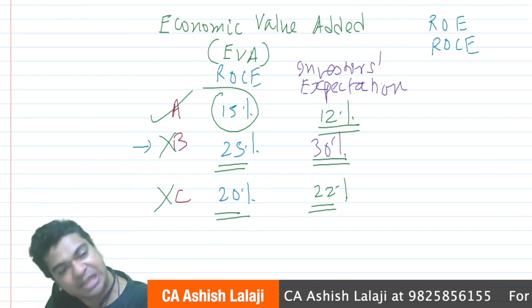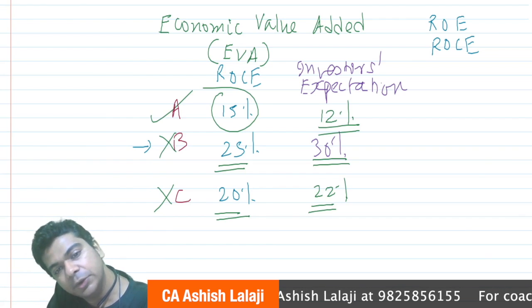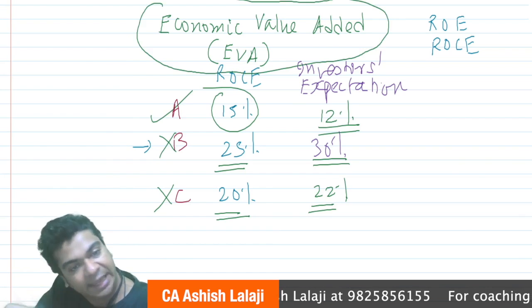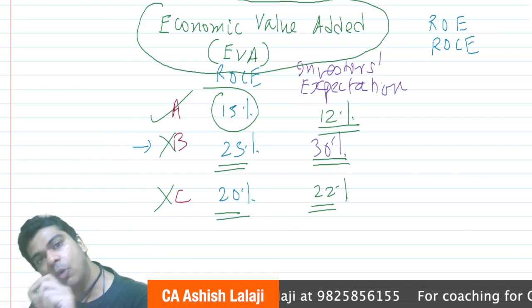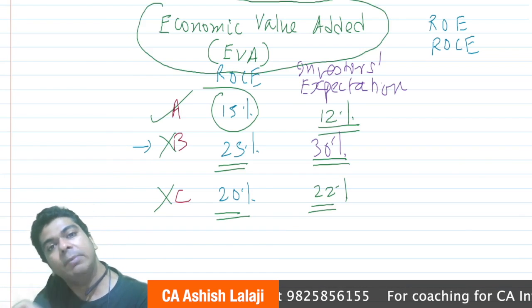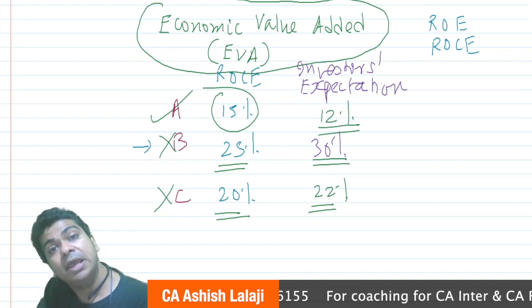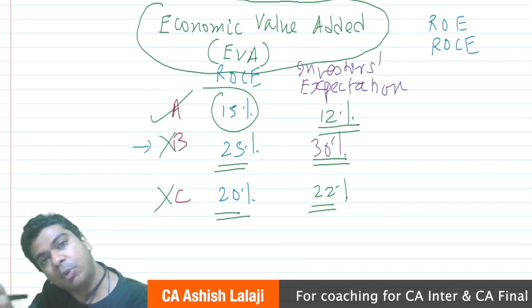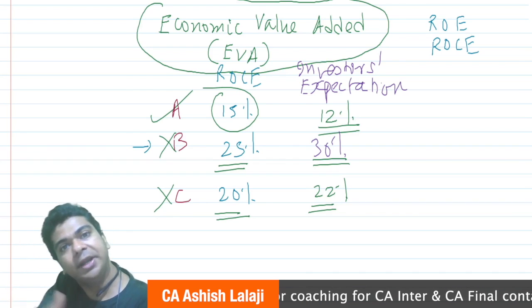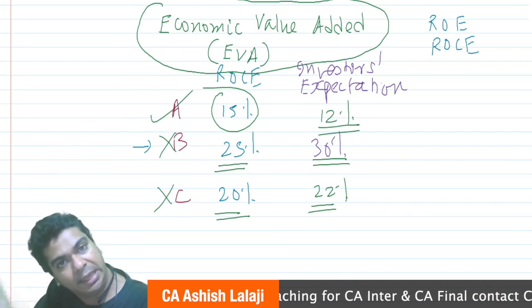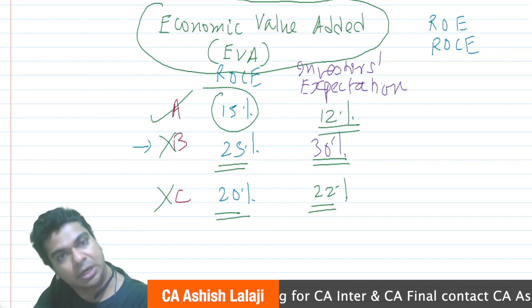This is the rationale of this entire new term that we are going to study, economic value added. What is economic value added? Now let's understand this. Simply because a company is earning profits, so it is a good company for investment, is an outdated rationale.